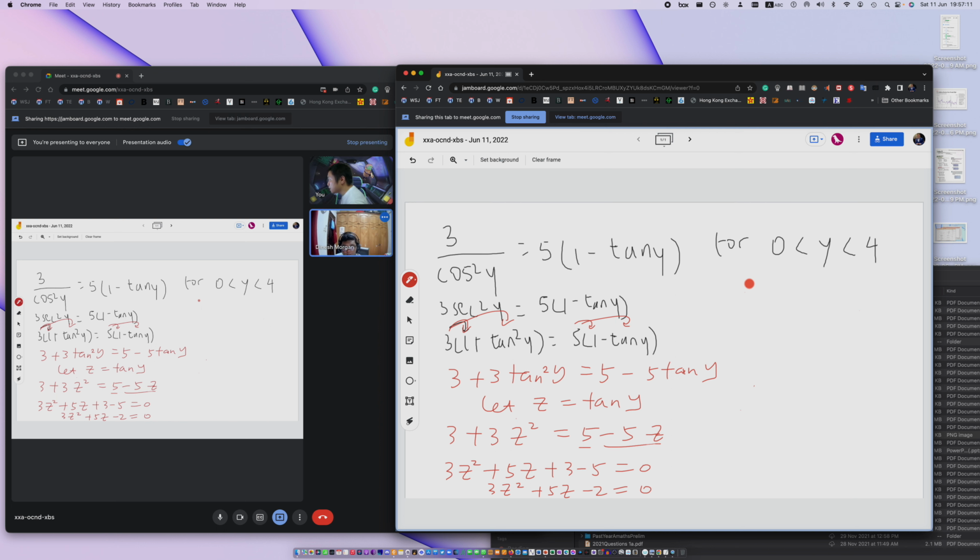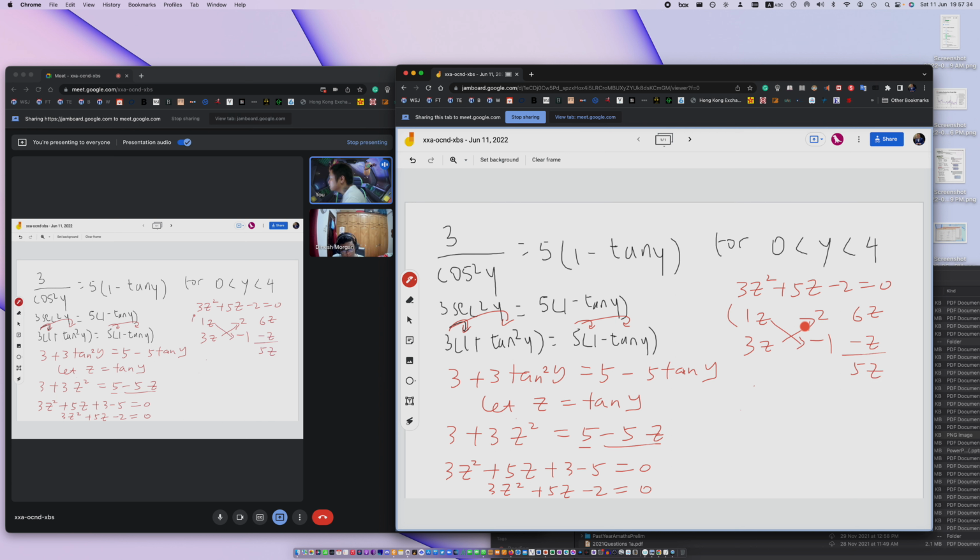Alright? Okay. So this 3z squared plus 5z minus 2 is equal to 0. Then you just use the box method. So it's 1, 3. Then this is 2 minus 1. So this will give you 6z. Then this will give you minus z. And then this will give you 5z.